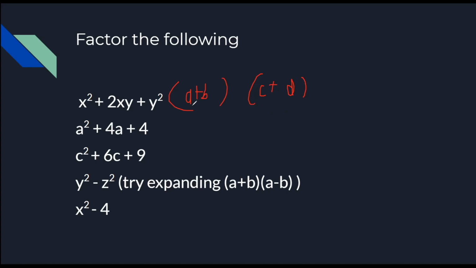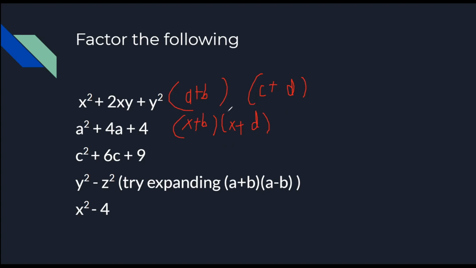I'm sorry, b and d, not c. So that's right. Okay, so if we have something in the form x plus b times x plus d, where x is a variable, b and d are numbers, let's try it to see if we can derive it from that.